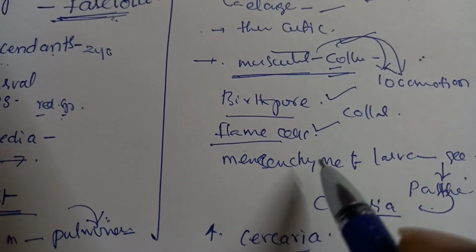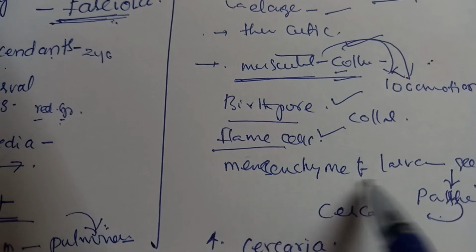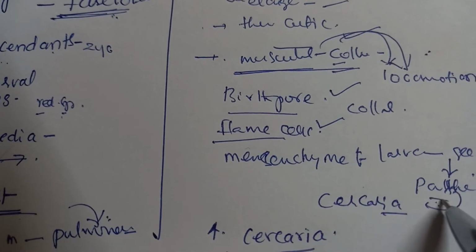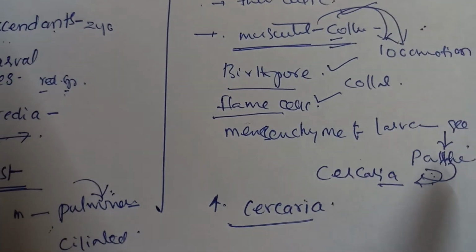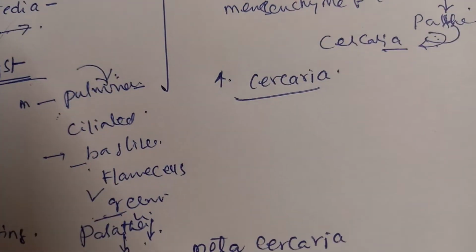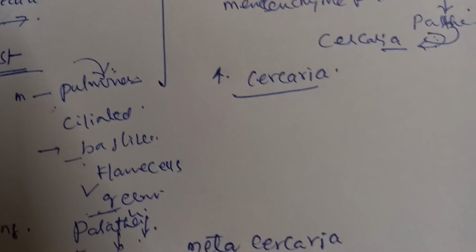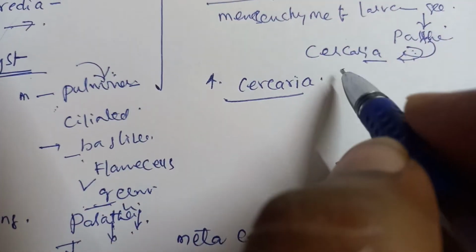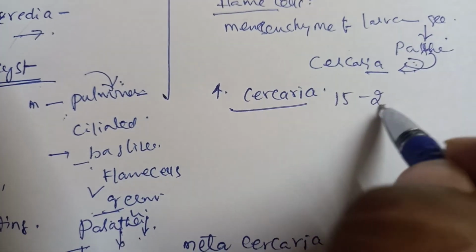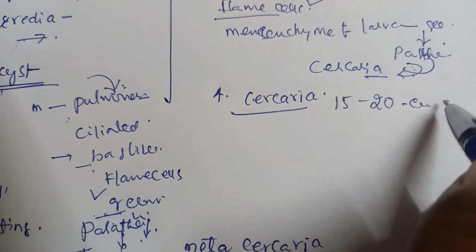These germ cells of the larva undergo the parthenogenesis process, and produce the next stage of larva. So the next stage of larva is Cercaria.